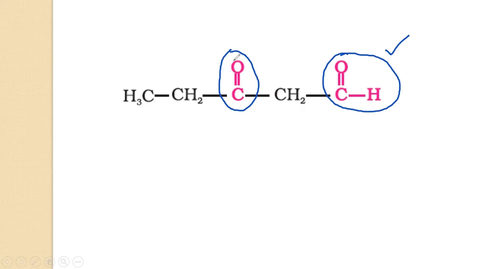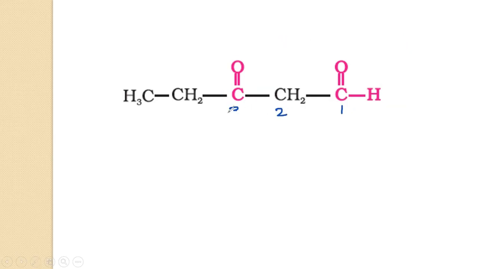The double bond O is considered as a substituent called oxo. So this compound would be named as, there are 5 carbon atoms. So we have pent, no double bonds or triple bonds, so an, pentanal. And third position, we have an oxo substituent. So this is called 3-oxo-pentanal.